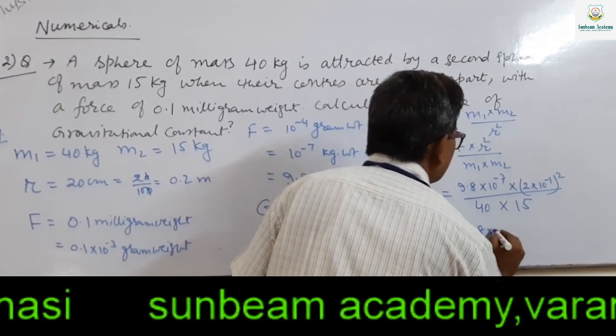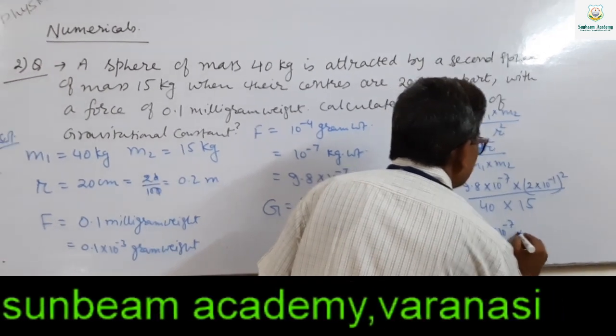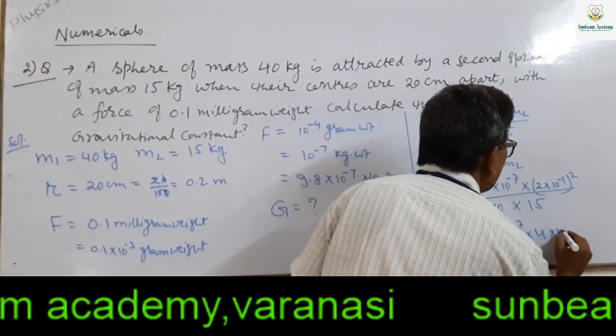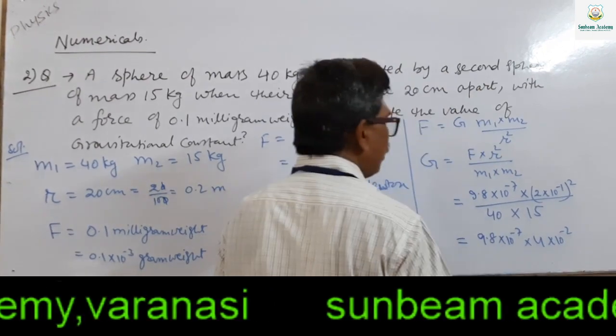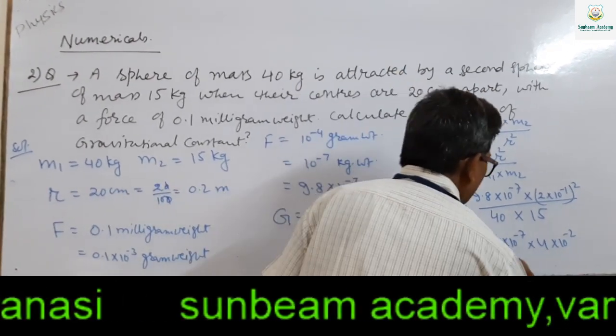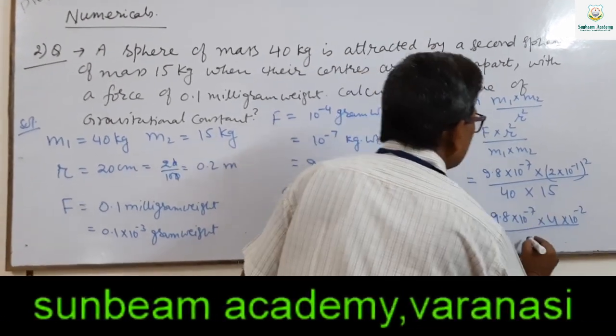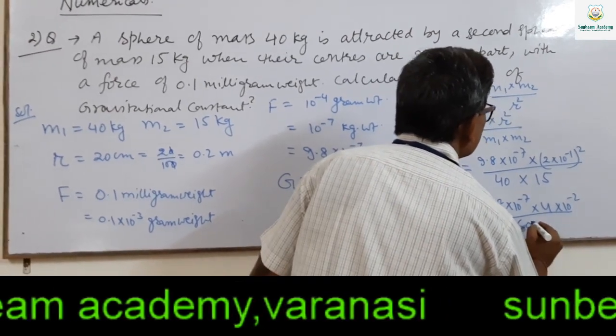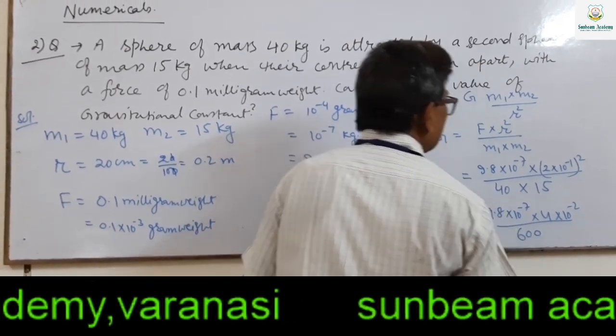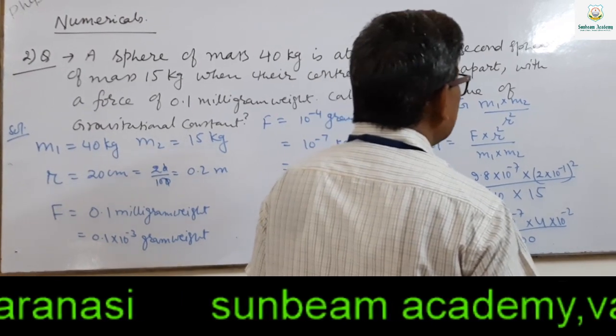9.8 into 10 to the power minus 7 into 4 into 10 to the power minus 2, and here 600.